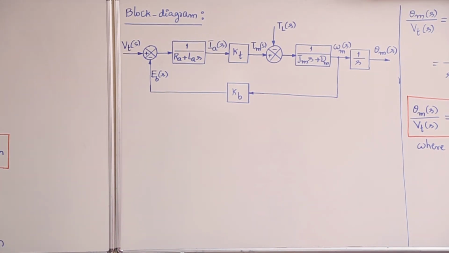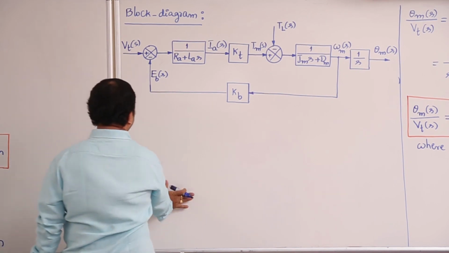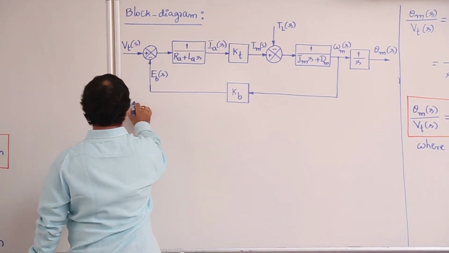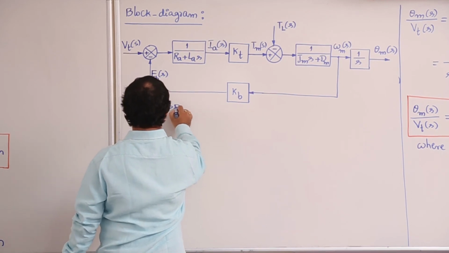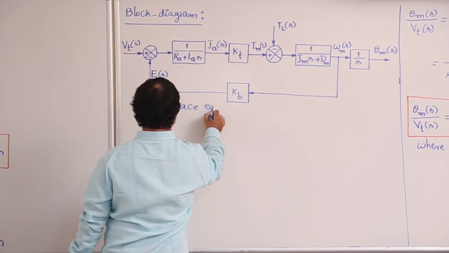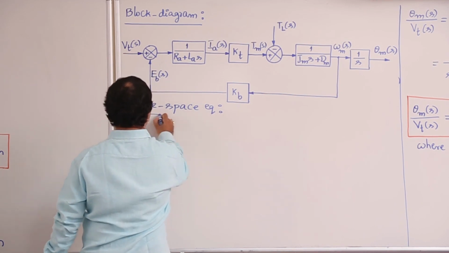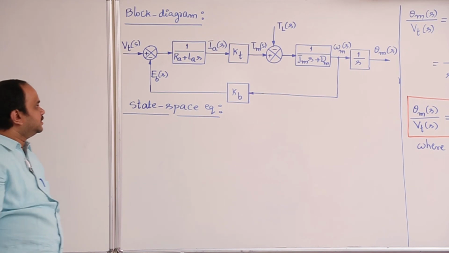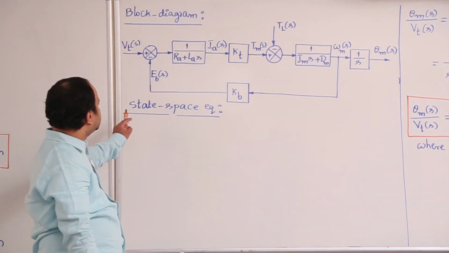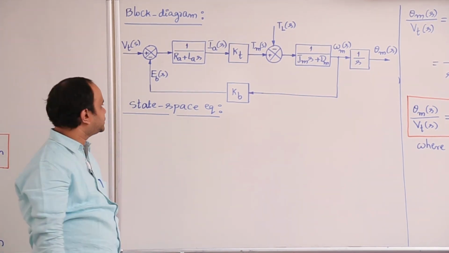Now there is another way of representing this mathematical modeling, that is in terms of state space equations. That is another way of representing this mathematical modeling: the state space representation.